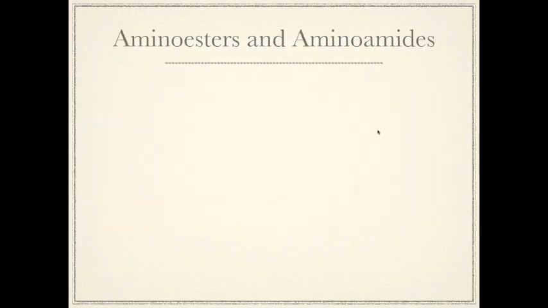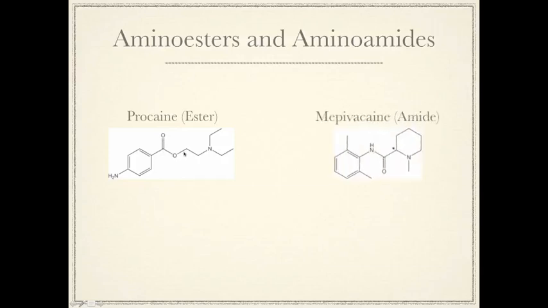So now the two classes of local anesthetics, starting with the esters. Here's an example, procaine. You can see the ester linkage here, with this little oxygen and the double bonded oxygen over here. Here's an example of an amide, bupivacaine, and you see the double bonded oxygen and the amine here, making this an amide linkage.